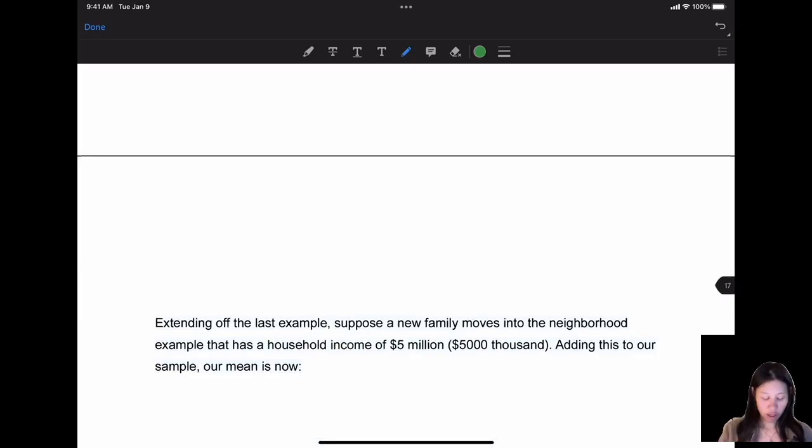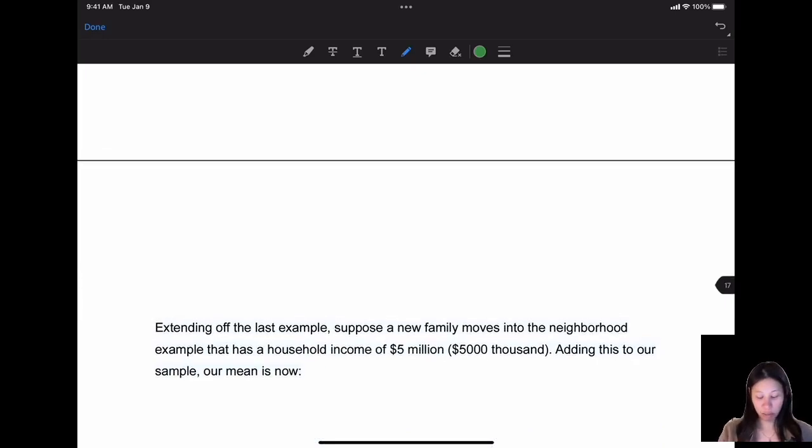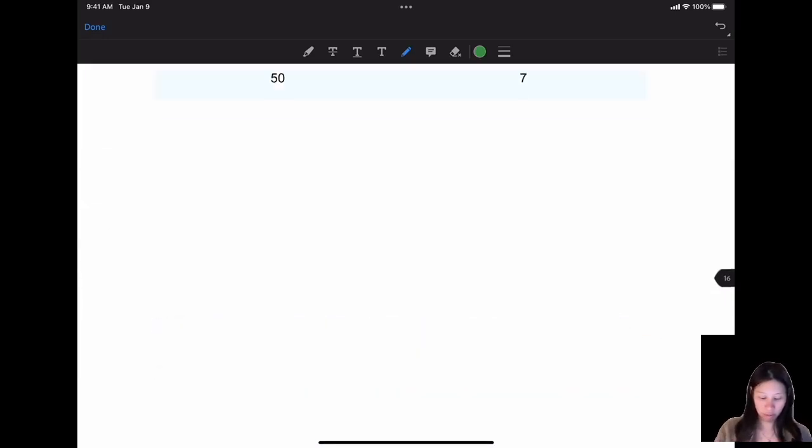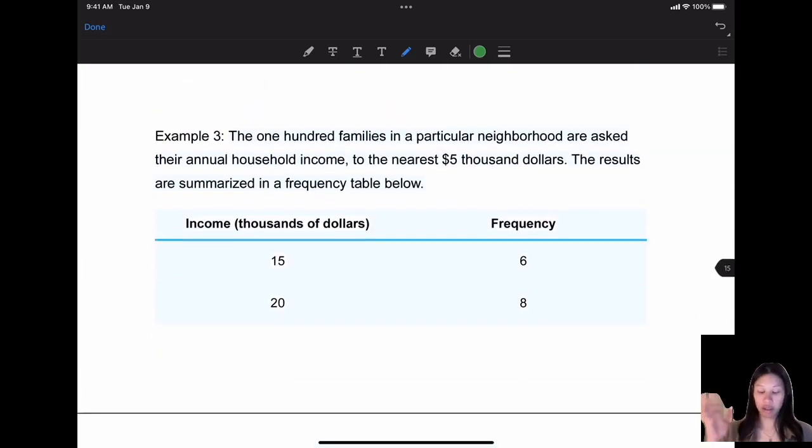So extending the last example, suppose they want you to find the mean. I think I forgot to write it down. So how do you find the mean in this case, given the frequency table? This could be tricky if we try to type in all 100 values.